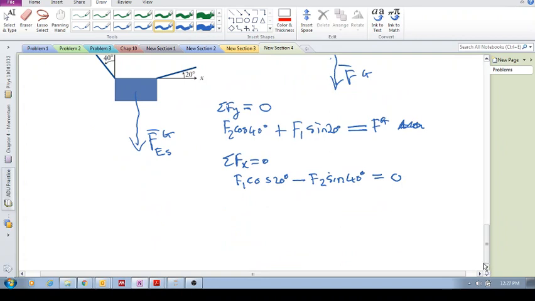Okay, so this is helpful because now I can get, for example, F2 in terms of F1, and I've done this before. So if you rearrange this, you're going to get F2 is F1 cos 20 divided by sine 40, right?